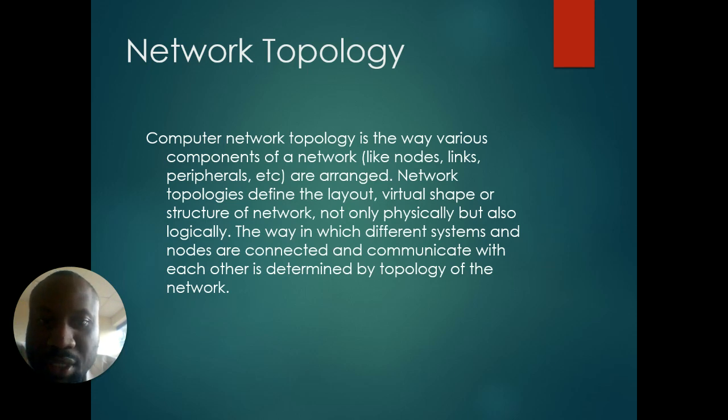The way in which different systems and nodes are connected and communicate with each other is determined by the topology of the network. In short, network topology is like the physical interconnection structure of a network with nodes.